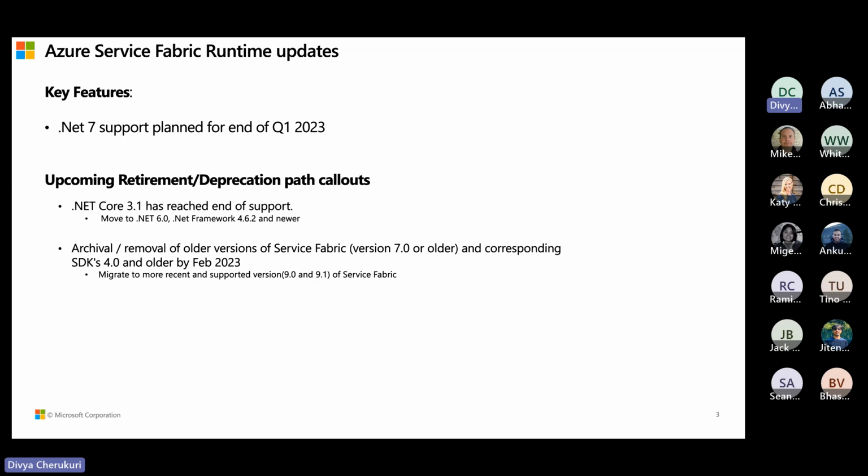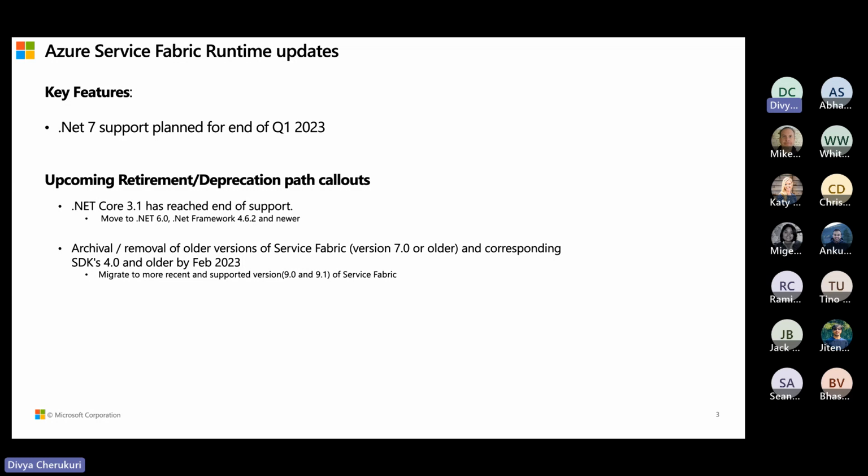Similarly, we also wanted to talk about the archival and removal of older versions of Service Fabric. There are still Service Fabric users who are on older, unsupported versions, which are less than 7.0, and we highly recommend everyone move to 7.0 and newer. The current supported versions are 9.0 and 9.1. We want everyone to move to 9.0 or 9.1.